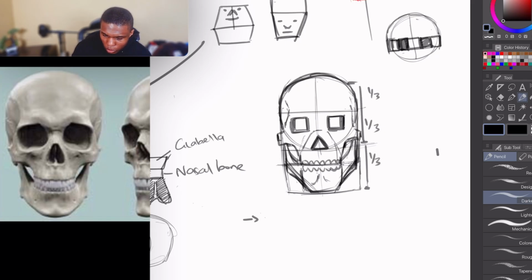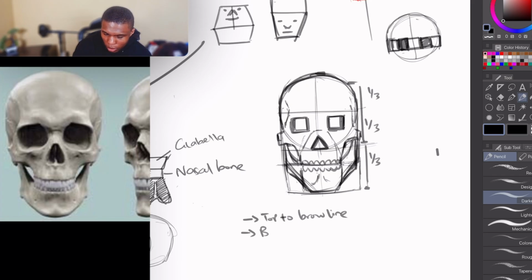Our first third is from the top over here to our hairline, or brow line. I mean, hairline to brow line.